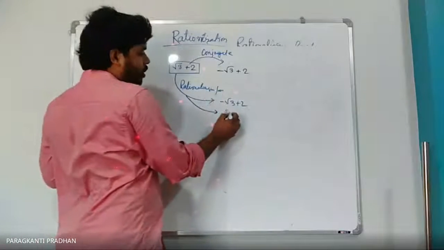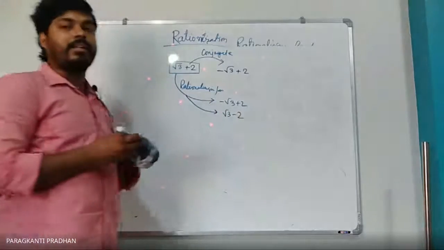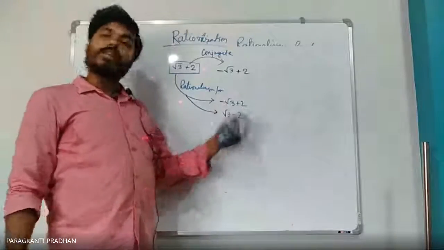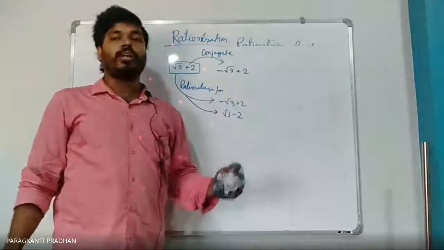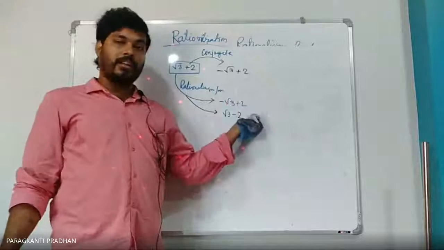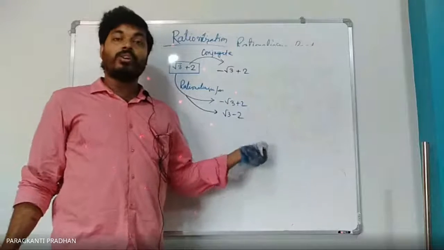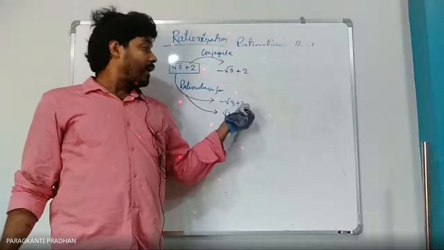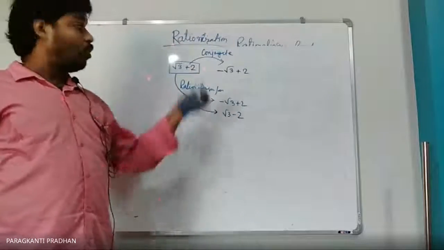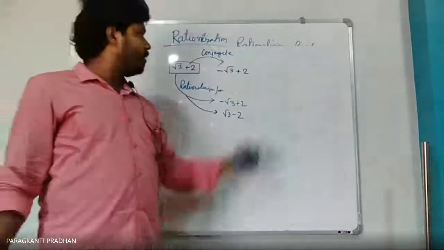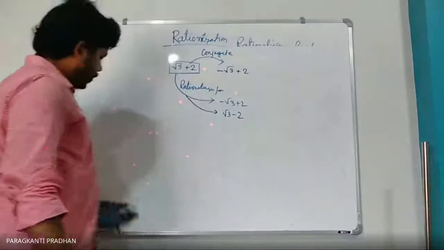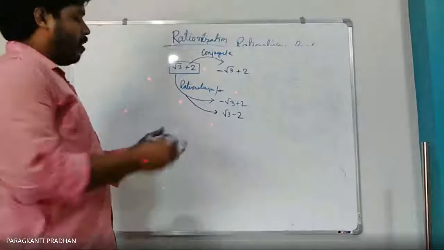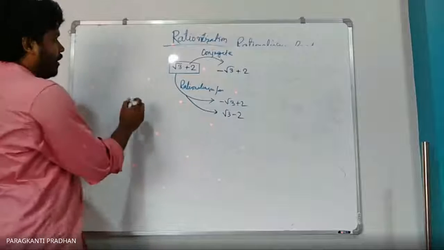But root 3 minus 2 is also a rationalizing factor. So that's two rationalizing factors, but one conjugate. We cannot say a rationalizing factor must be a conjugate, but a conjugate must be a rationalizing factor. Is it clear now? Yes, sir. Okay. Next, we are going to the next part, how to do rationalization.